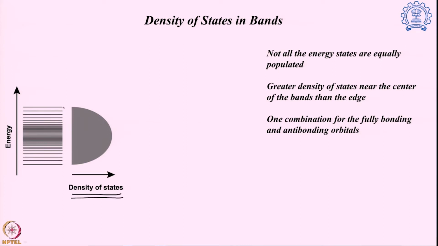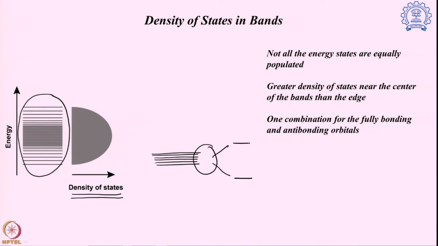So over here I am again showing you the band structure. Previously we showed the band structure with very equispaced molecular orbitals, but in reality they are not always equispaced. If we look very closely, we will find they are not equally distributed.